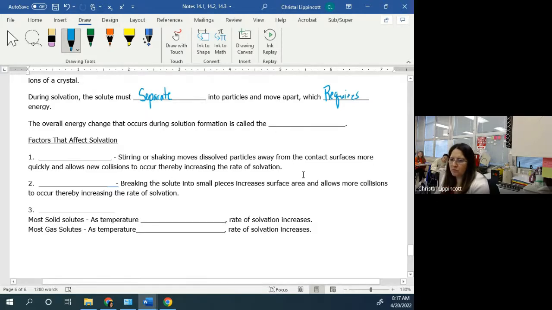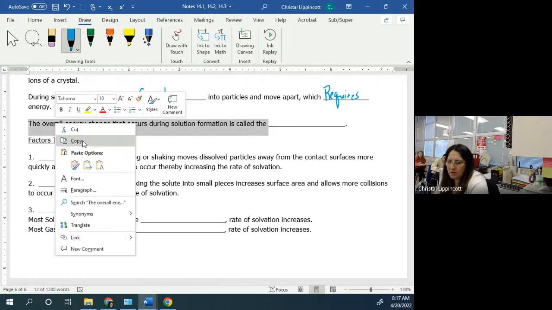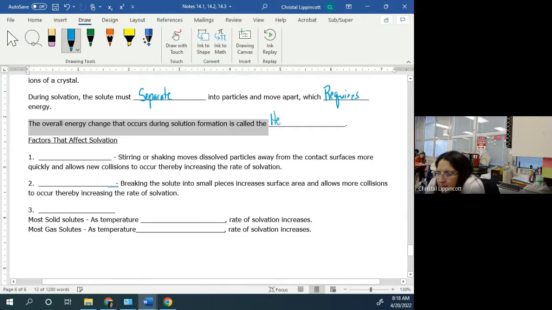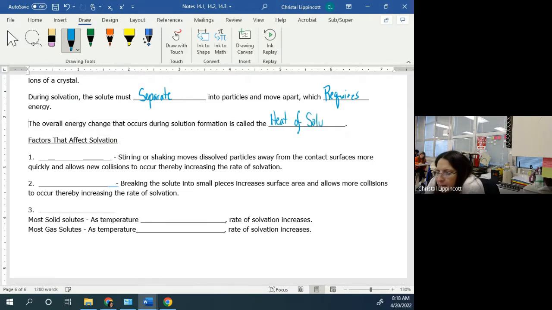What do you think I was trying to get at here? Heat of solution. There we go.